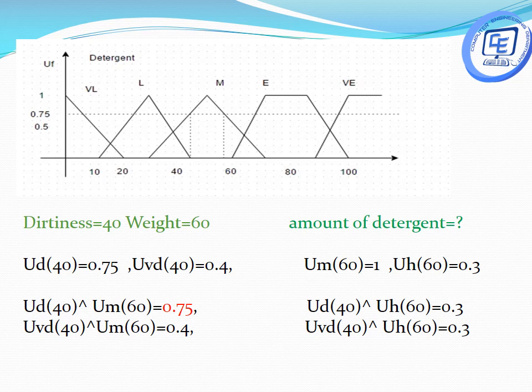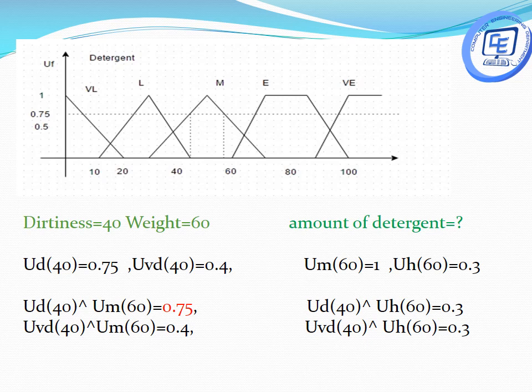VD of 40 and M of 60, the lesser value is 0.4, and VD of 40 and H of 60, the lesser value is 0.3. Likewise, in the combination we have got four values: 0.75, 0.3, 0.4 and 0.3. Now out of these four values we have to consider the maximum value, which I have shown in red color.